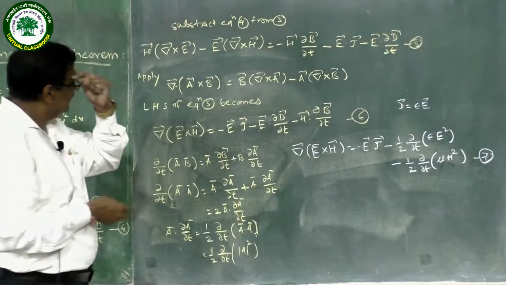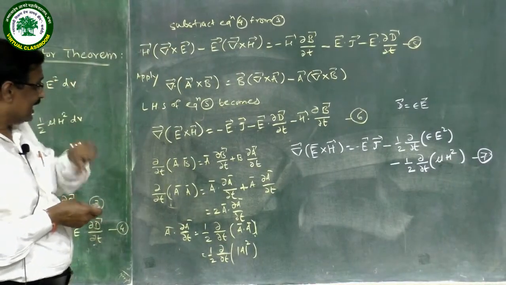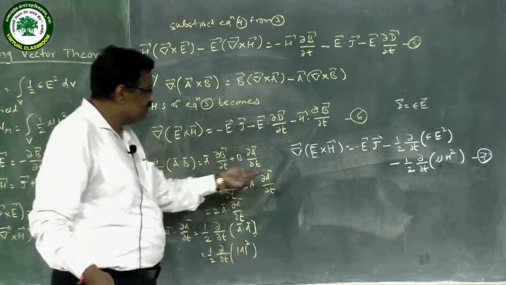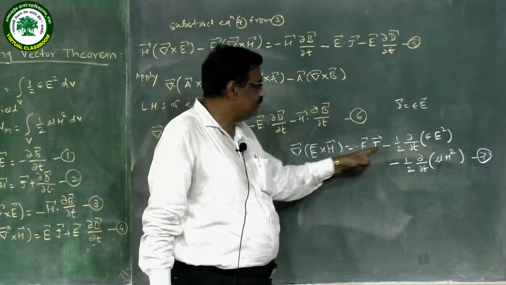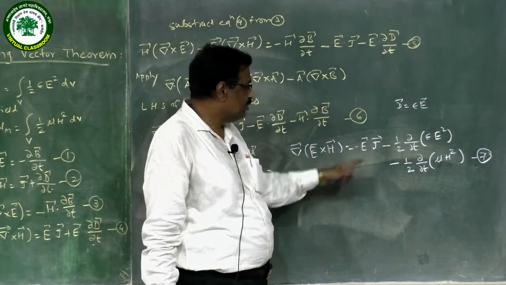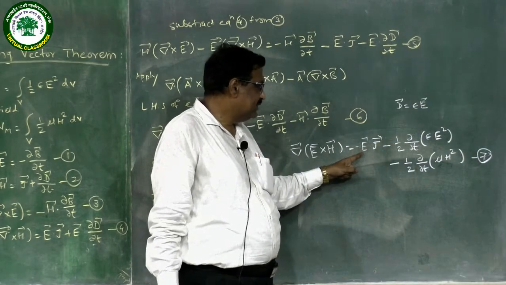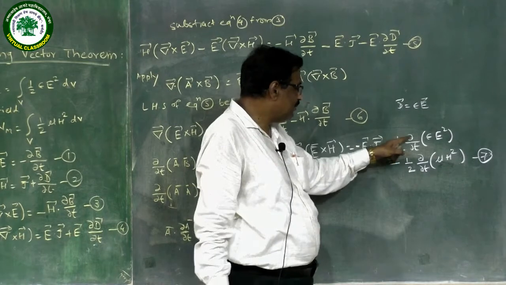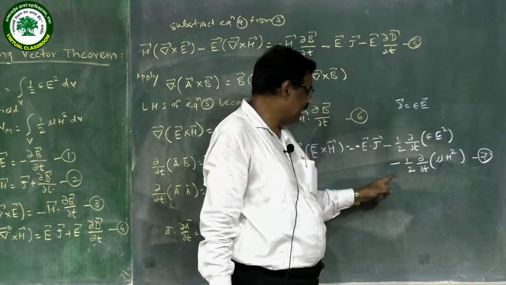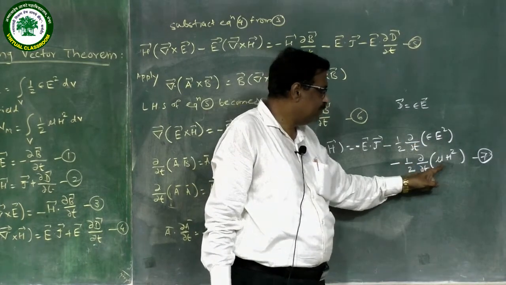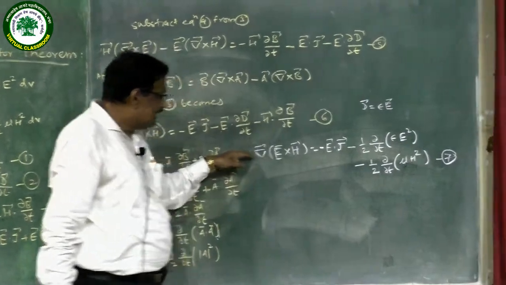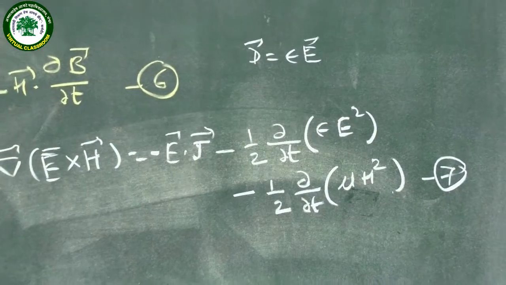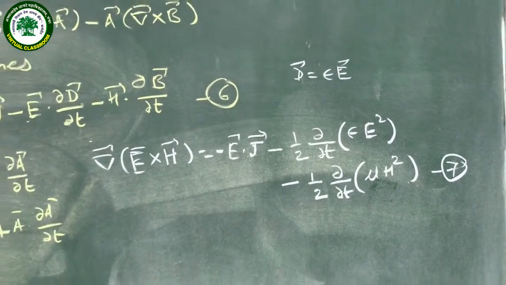Equation 7 says that on the left hand side we have the divergence of the cross product of two vectors, which is written on the right hand side in the form of three terms. The first term is minus E dot J, the second term is minus 1/2 of the time derivative of epsilon into E square, and the third is minus 1/2 of ∂/∂t of mu H square. Now take the volume integral on both sides of equation 7.